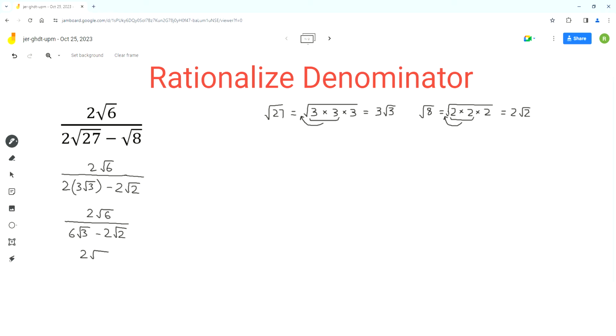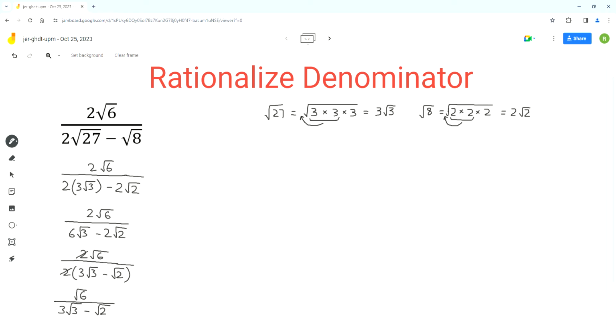So we get 2 square root 6, and in the denominator we can factor out a 2. So we get 3 square root 3 minus square root of 2. And now we can cancel out the 2's. So that reduces the expression to square root of 6 over 3 square root of 3 minus square root of 2.